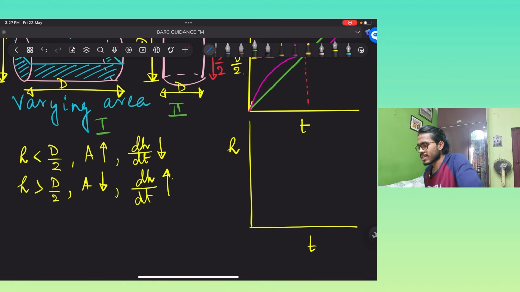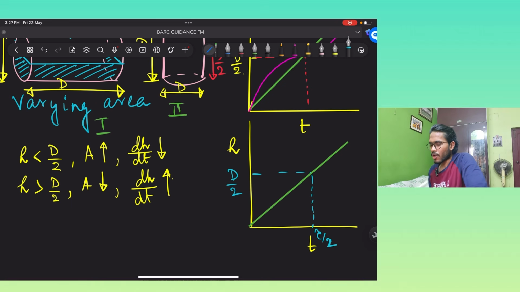Here this is the curve maybe for the constant cross sectional area, and this is your d by 2. It will be exactly tau by 2, half of the total time.